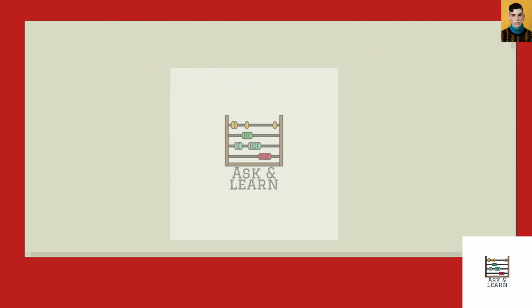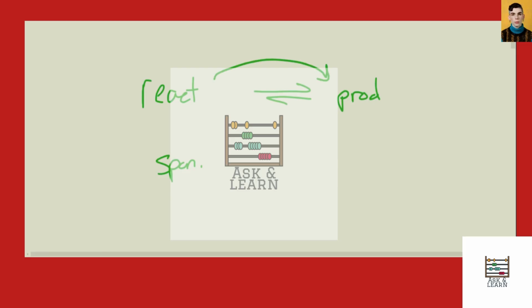The second question is about whether something going from reactants to products is spontaneous. What about the reverse reaction? The simple answer is that yes, the reverse reaction will be non-spontaneous. You can think about it like, okay, if going this way is natural, the other way is going to be unnatural.